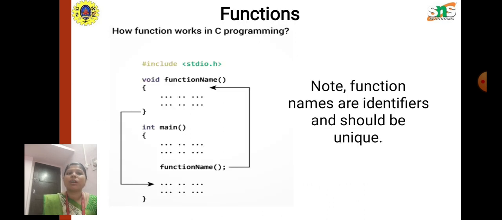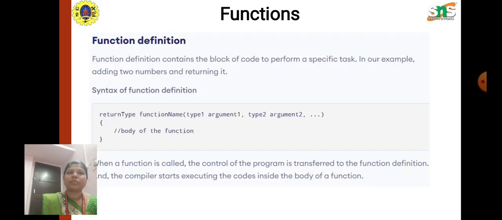So how does a function work in C programming? Function names are identifiers, and they must be unique. Here the header file is given while the main function name has to be given while declaring a program. A function is a block of code to perform a specific task.